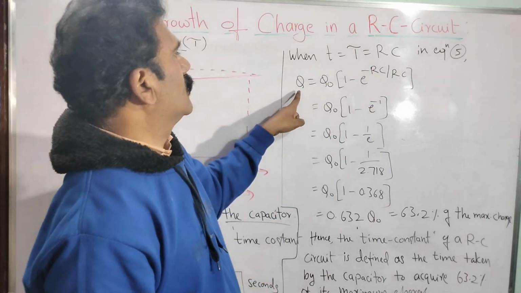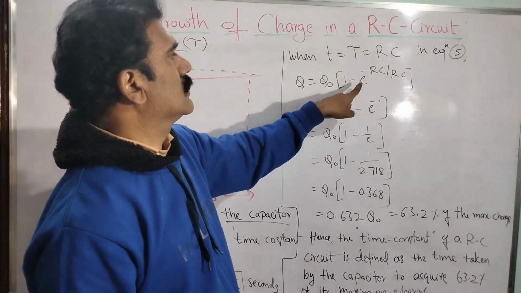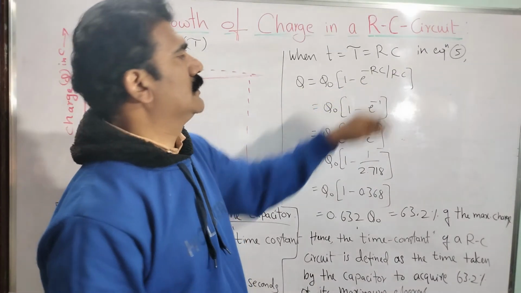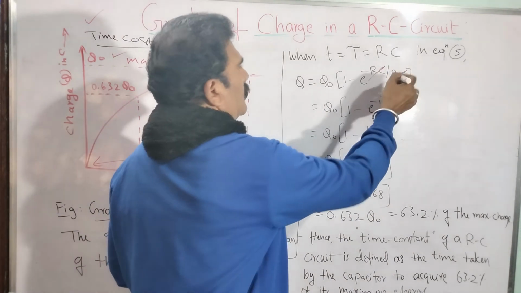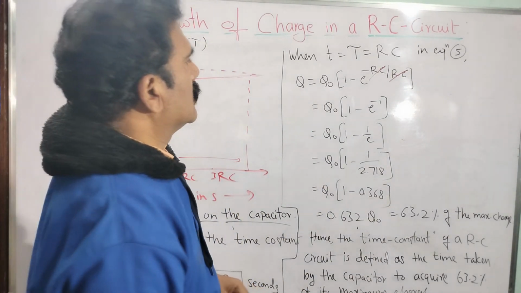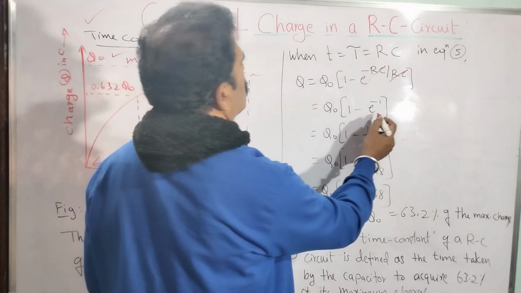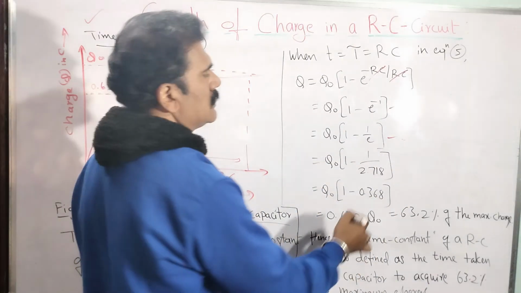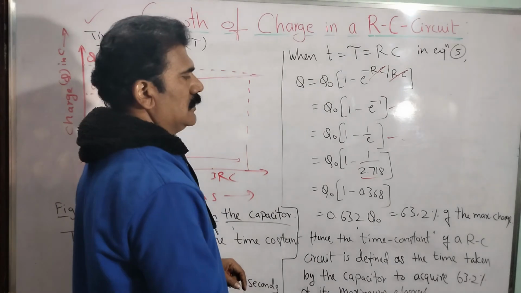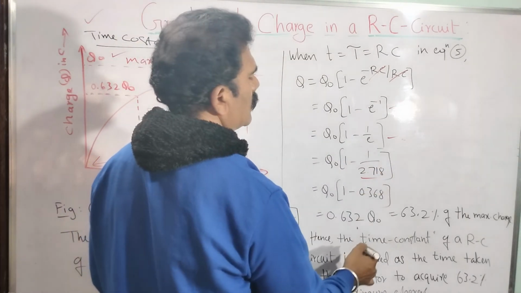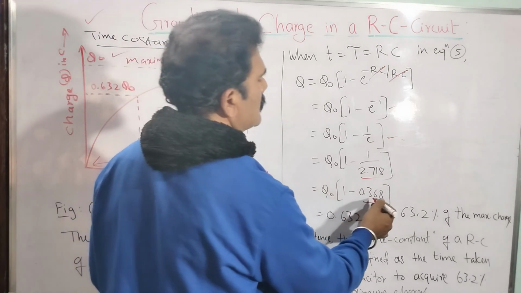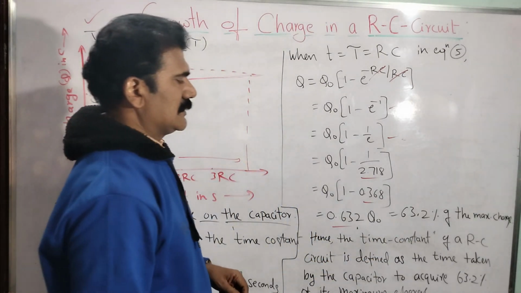So you can substitute Q is equal to Q naught into 1 minus e to the power of minus RC by RC. The RC, the time constant, cancels out. So we are left with 1 minus e to the power of minus 1, or 1 by e. The value of e is 2.718, so the reciprocal of 2.718 is 0.368. So 1 minus 0.368 is equal to 0.632.